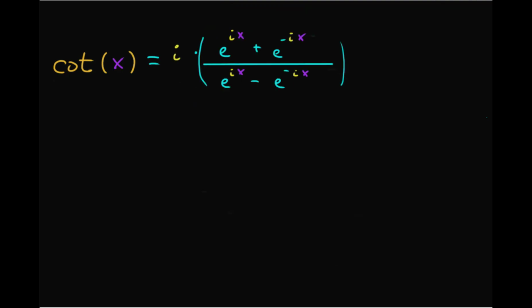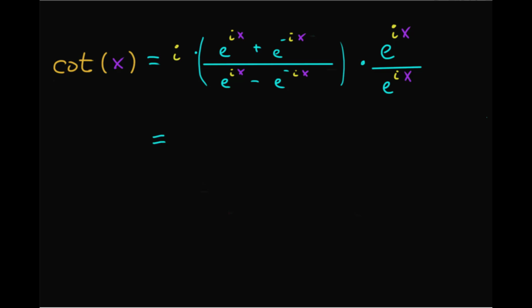So I'll move that expression to the top here, and now I just want to simplify this expression a little bit more by multiplying by what a former math teacher of mine called a creative form of 1. So I'm going to multiply this expression by e to the ix over e to the ix.